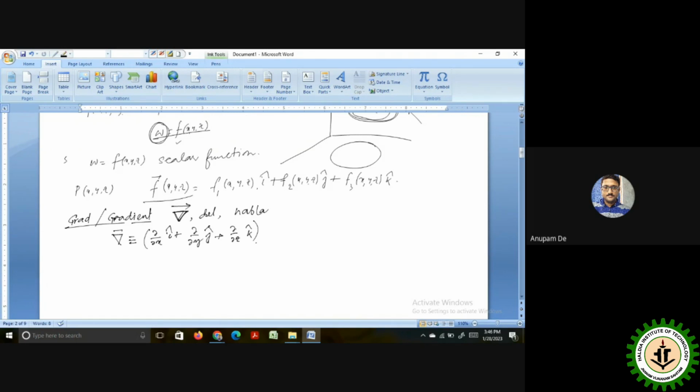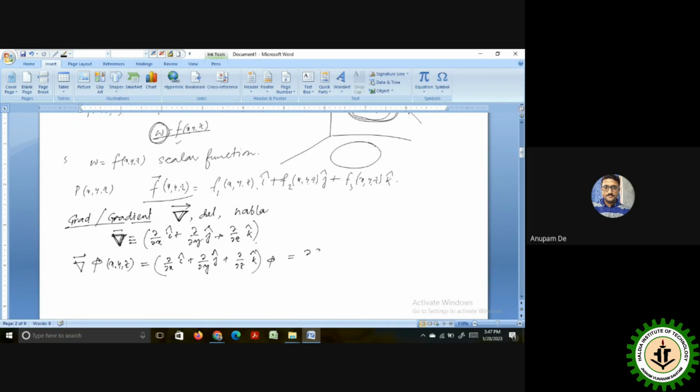Now what is the utility of this? First of all, whenever we apply this operator on a scalar point function phi, suppose phi is a scalar point function f of x, y, z, phi doesn't have any other component. So whenever we write del phi, this will basically be del/del x i, del/del y j, and del/del z k operating on phi.